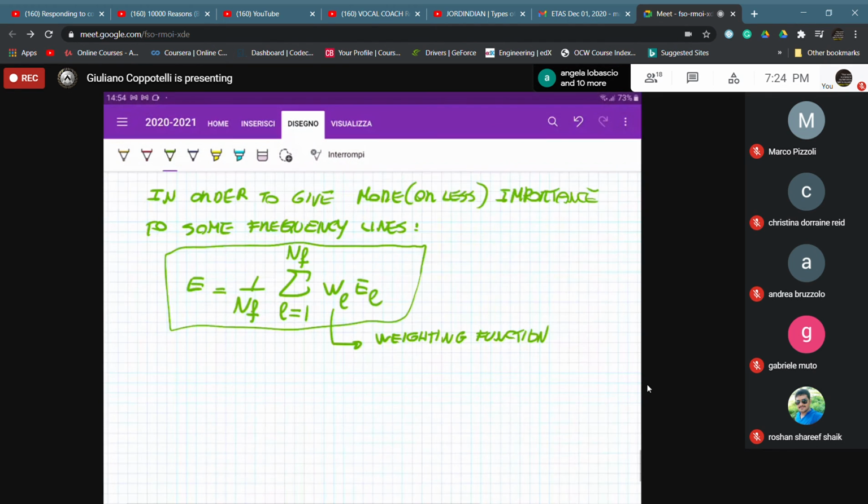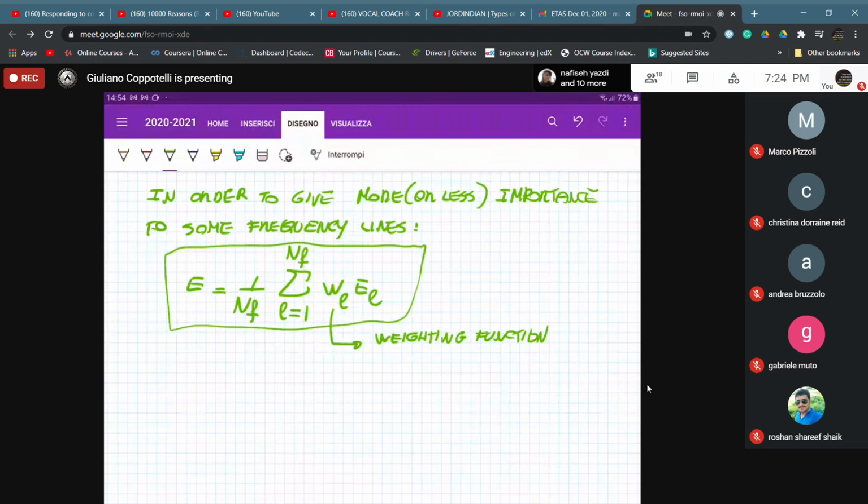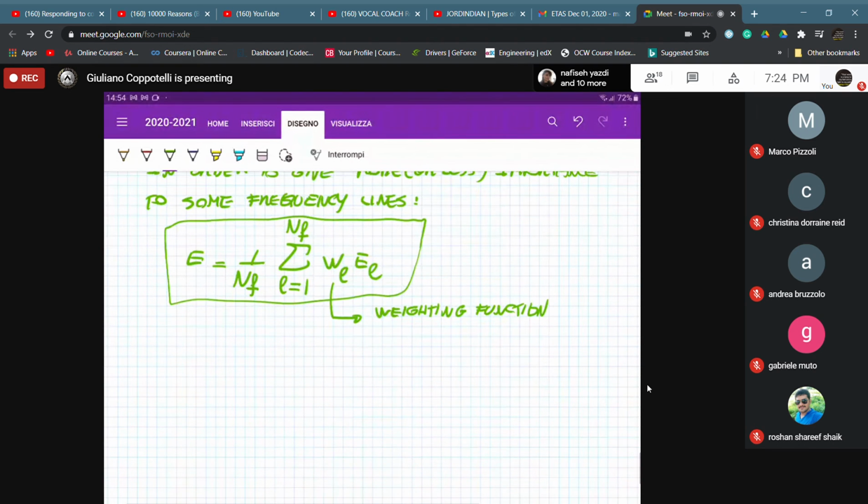So in order to have this quantity going to zero, that is, to have the synthesized FRF, the H_ij of omega, practically equal line by line to the one that we already estimated with the H1, H2 estimator, we introduce a sort of minimization problem.